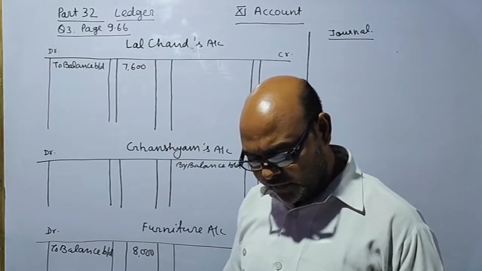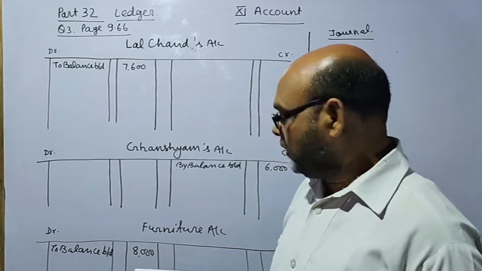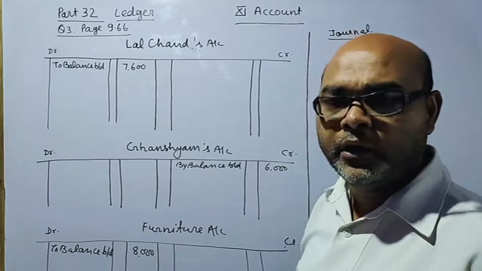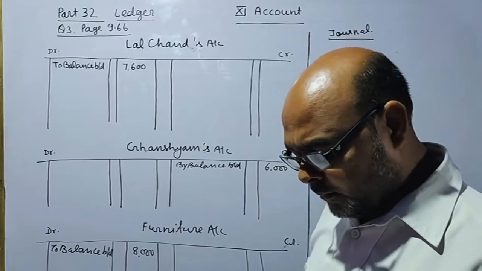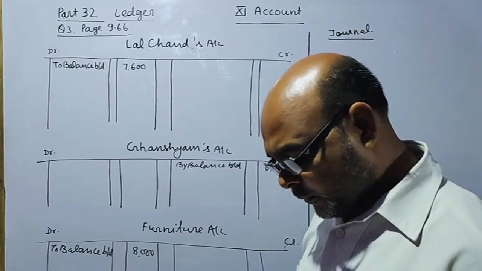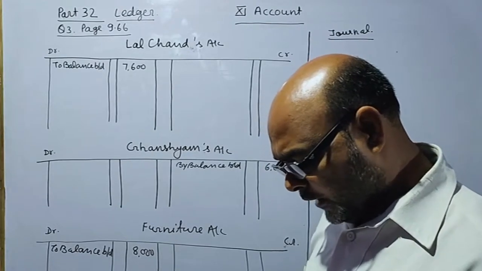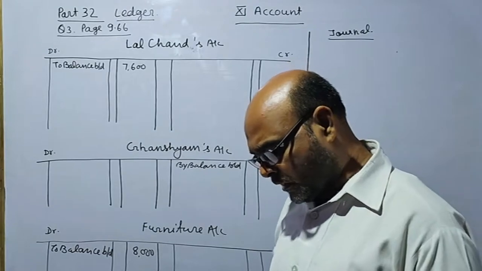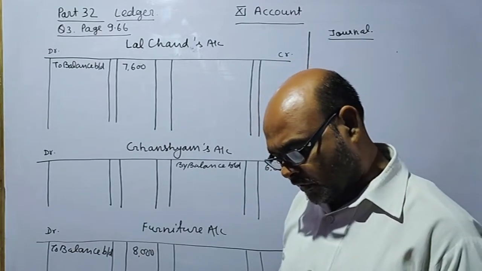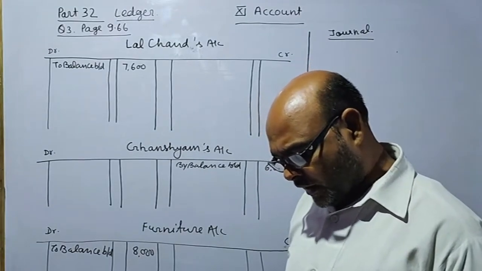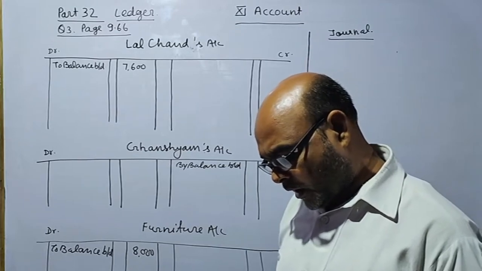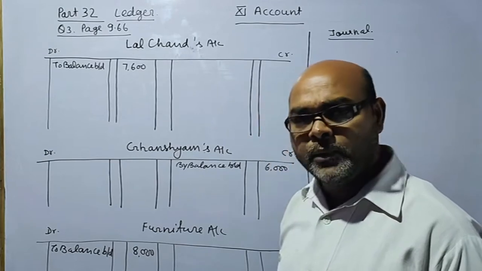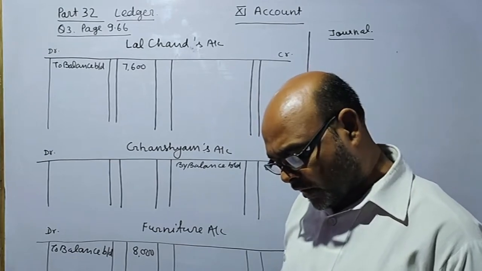So Gopal Seth debit to sales account. Now Gopal Seth returned goods for 1,500. So sales return account debit to Gopal Seth. Purchase goods from Arun and from Varun. So purchase account debit to Arun 12,000, to Varun 15,000. Settled Arun's account in full settlement after deducting 5% cash discount. So Arun debit to cash account, to discount account.